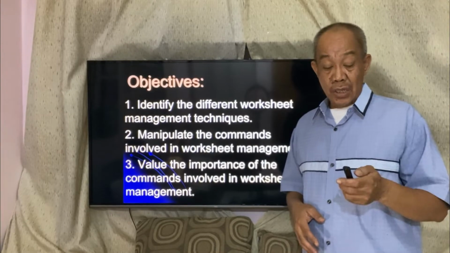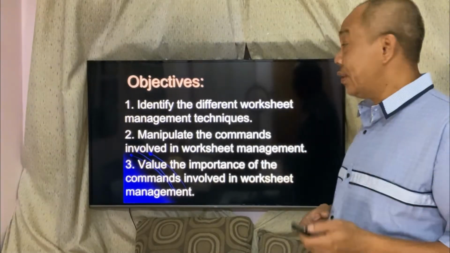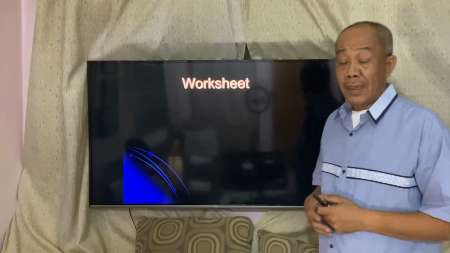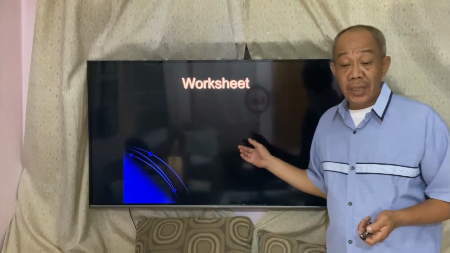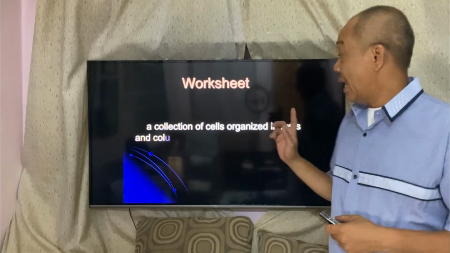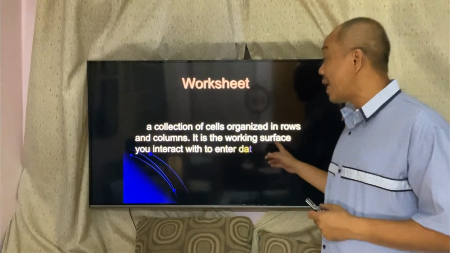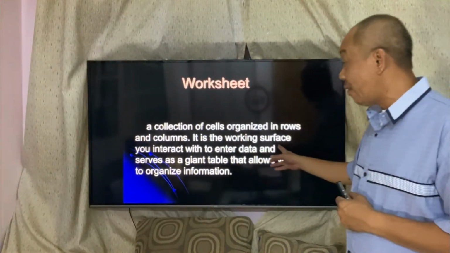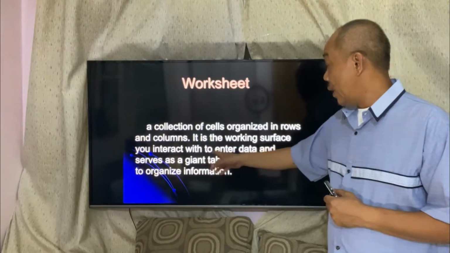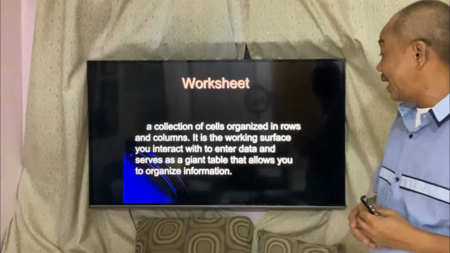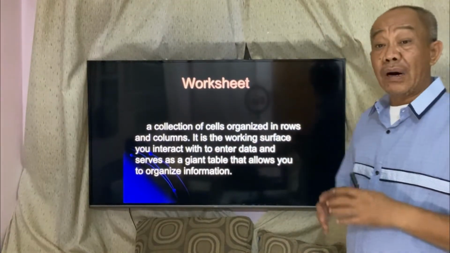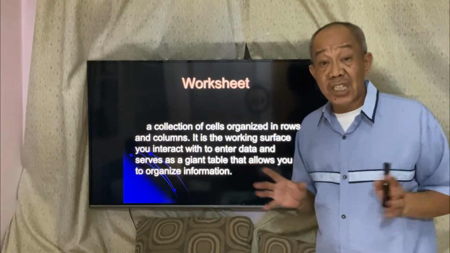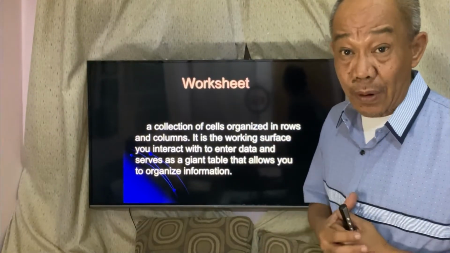Okay, so we all know last time that a worksheet is a collection of cells organized in rows and columns. It is the working surface you interact with in order for us to enter the data. So the worksheet or spreadsheet is like a giant table, right?